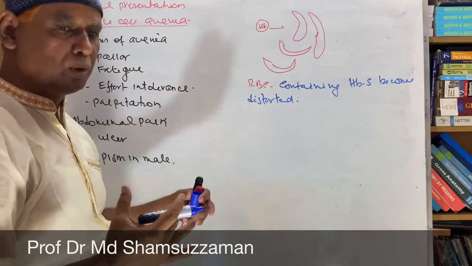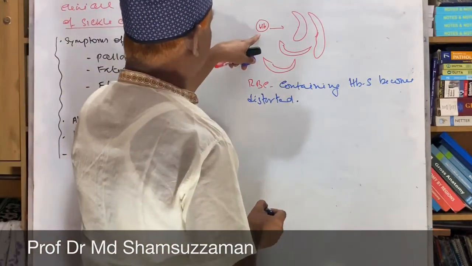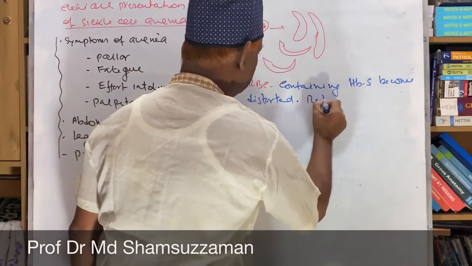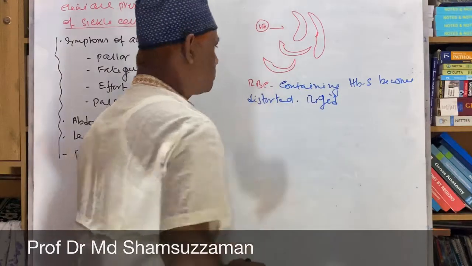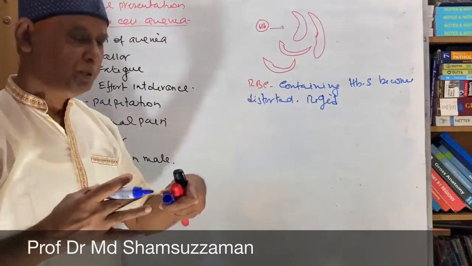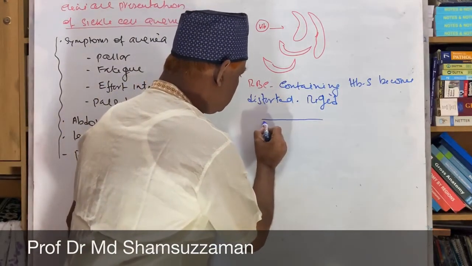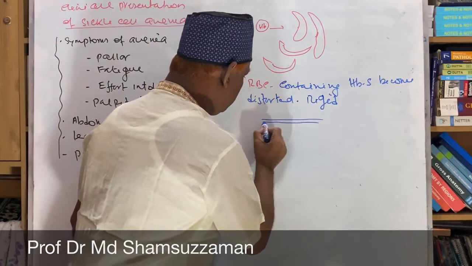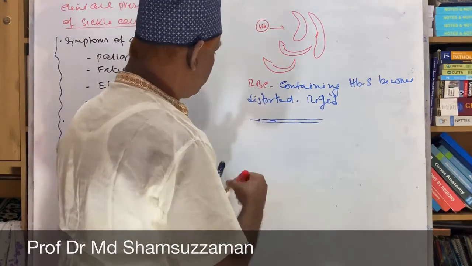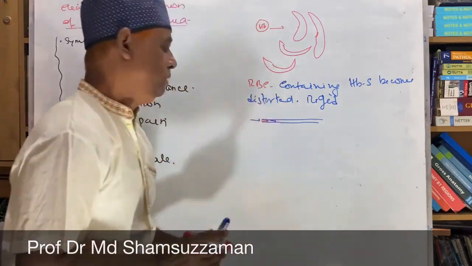There is distortion of the shape and size of RBC. Not only that, the RBC becomes very much rigid. So if the distorted and rigid RBC tries to pass through very small blood vessels, the sickle shaped RBC blocks the vessel.